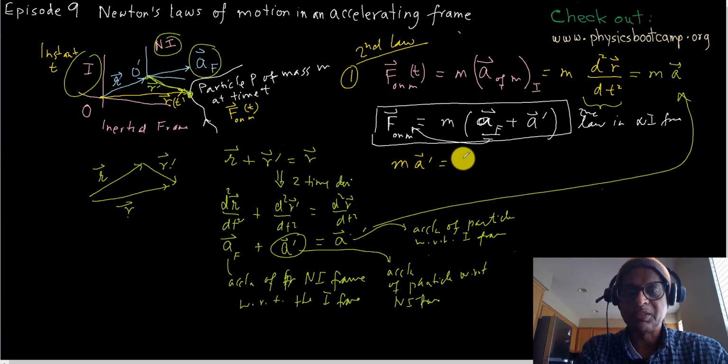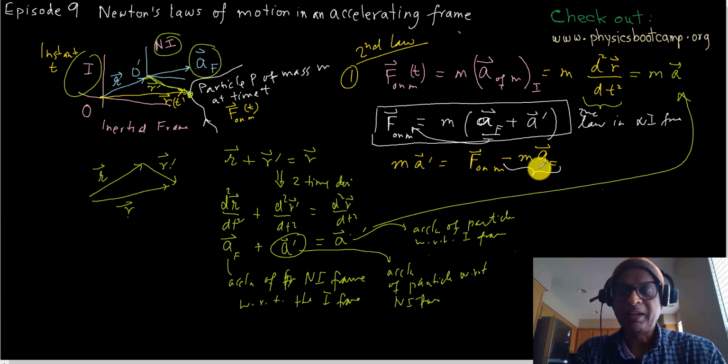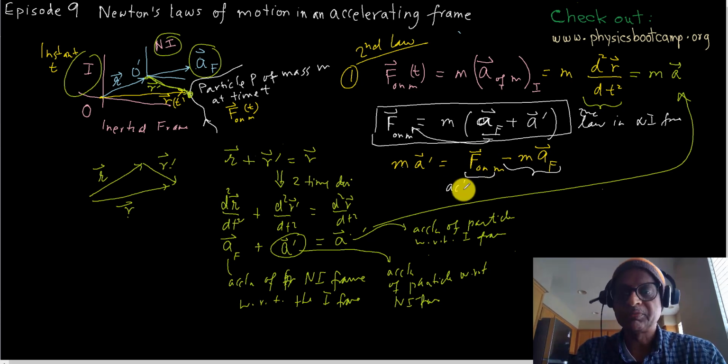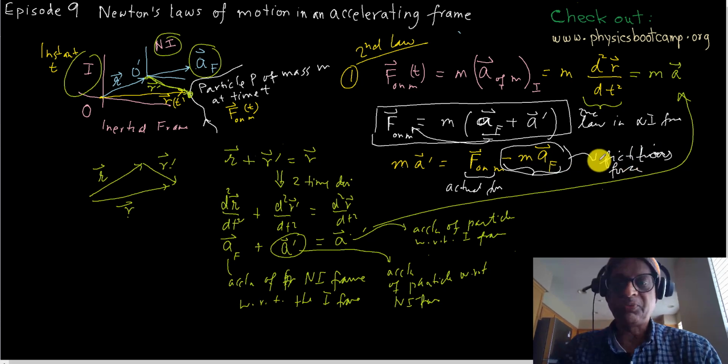So this is equal to F on M minus M times A_F, the acceleration of the frame itself. This quantity acts like another force, but the actual force is the first term. So minus this thing is called a fictitious force, or fake force.